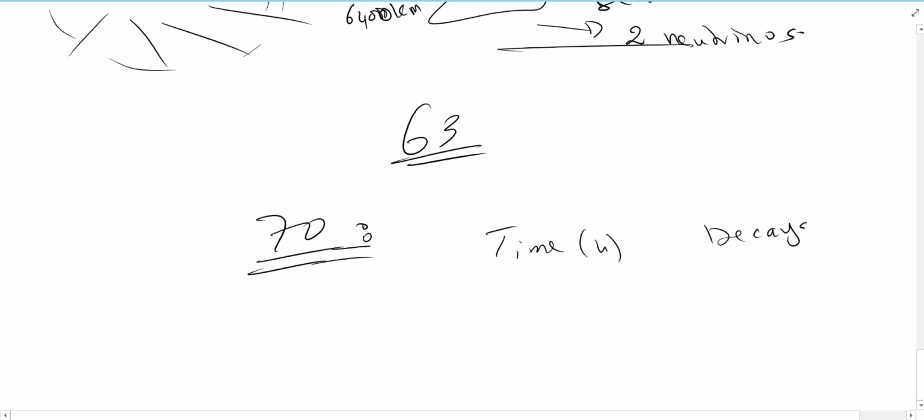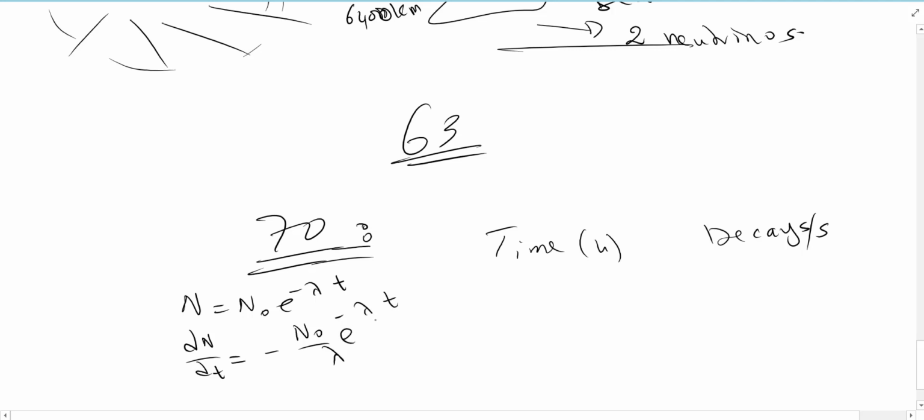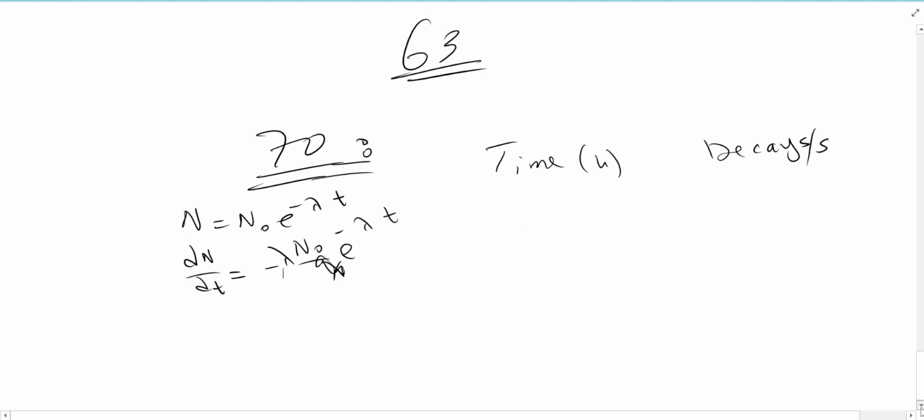I gave the expression in terms of the number of actual particles, given by N naught exponential of minus lambda t. If you take the derivative of this expression, dN over dt, it's going to be minus lambda N naught times exponential of minus lambda t.